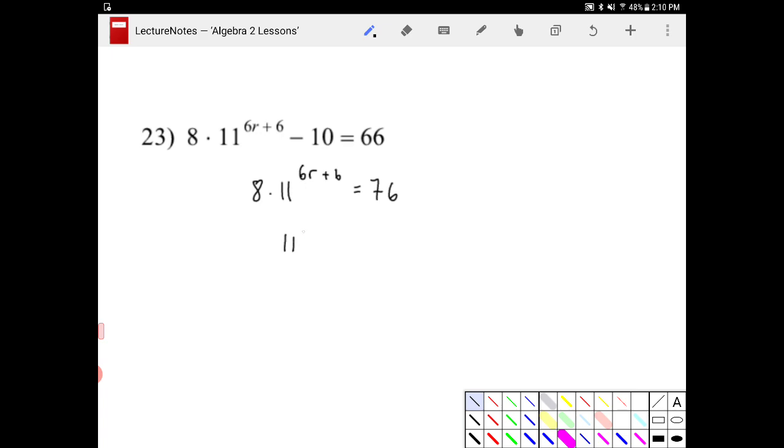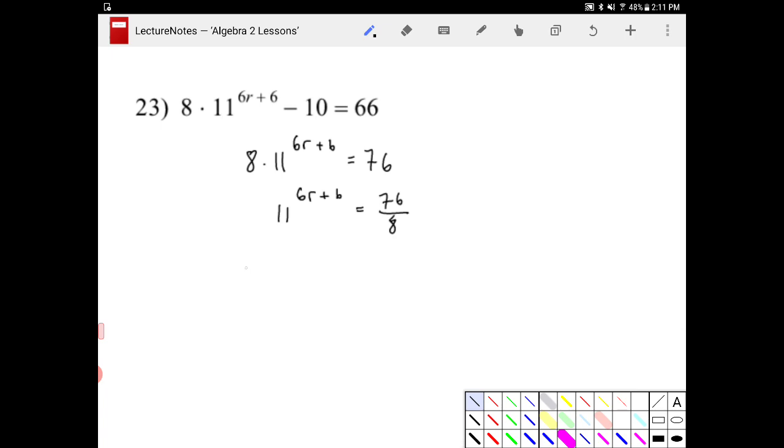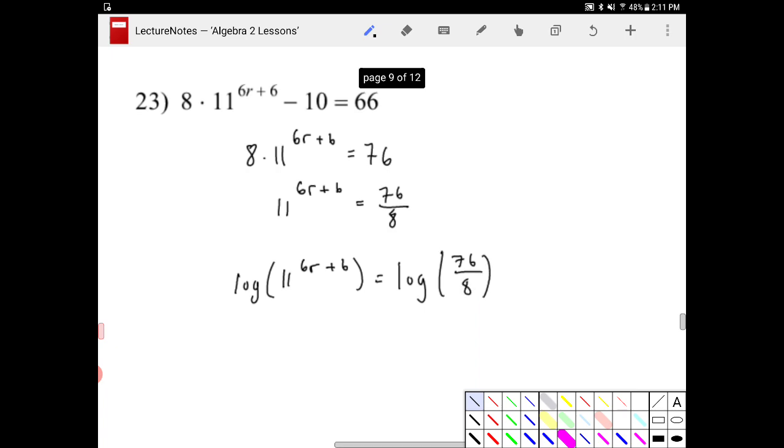Divide both sides by 8. I get 11 to the 6r plus 6 is equal to 76 over 8. I'm not even going to attempt to reduce it because this is all going to go into the calculator anyway. I'm going to take the log of both sides.